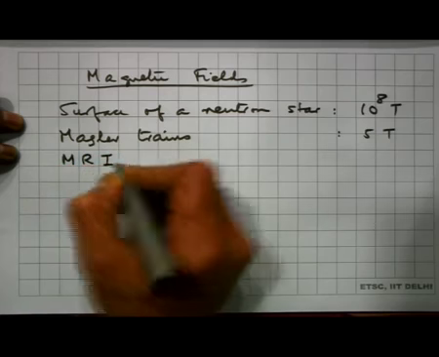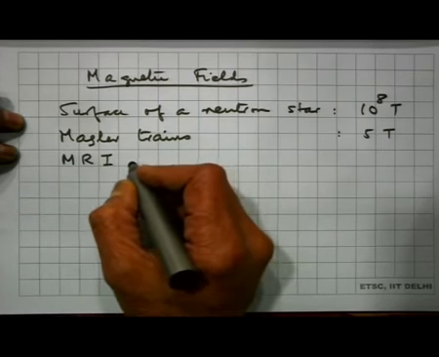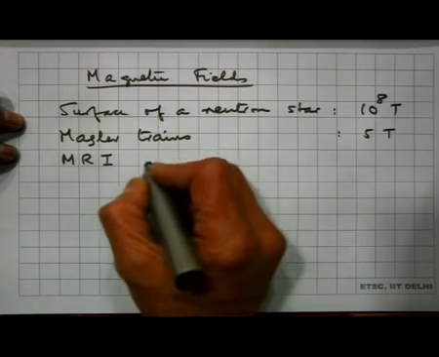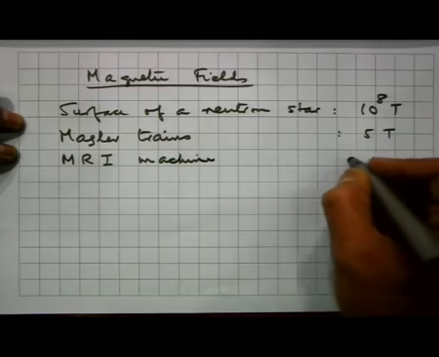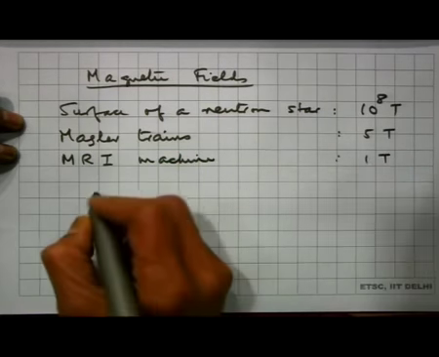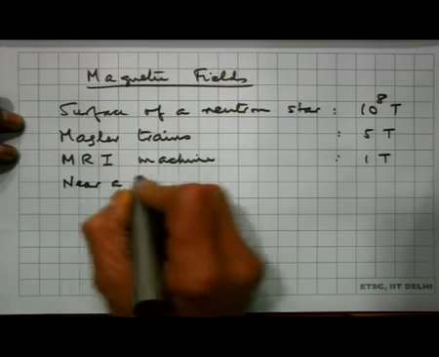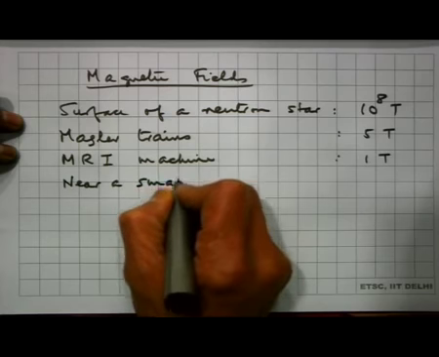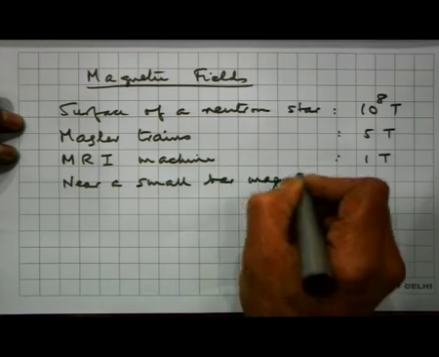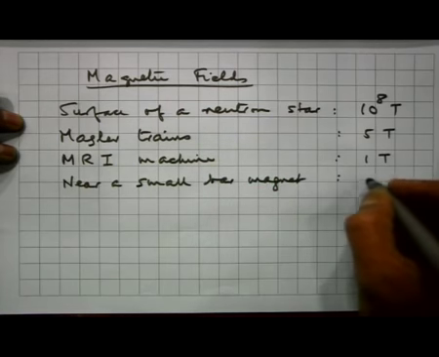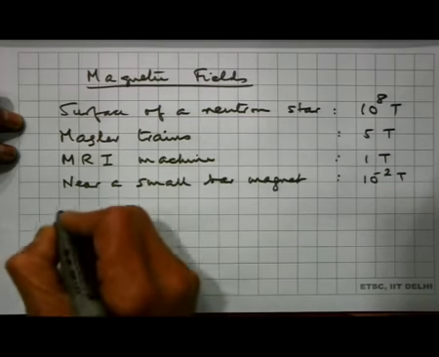Magnetic resonance imaging is a very important instrument in the medical field, and this uses a strong magnetic field, and the typical magnetic field is about 1 Tesla. Near a small bar magnet, which we saw a little while ago, the magnetic field is about 10 millitesla.